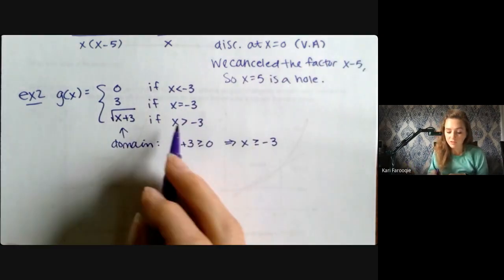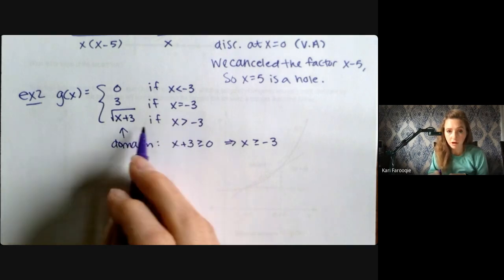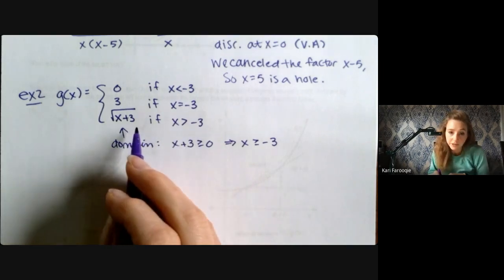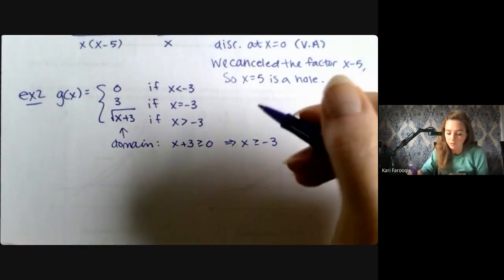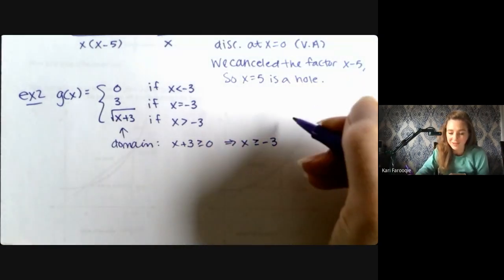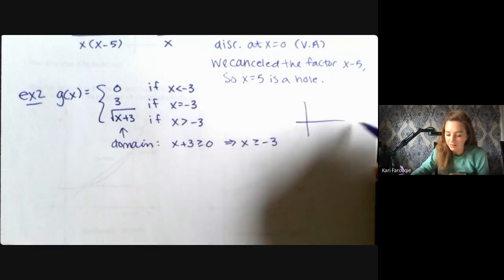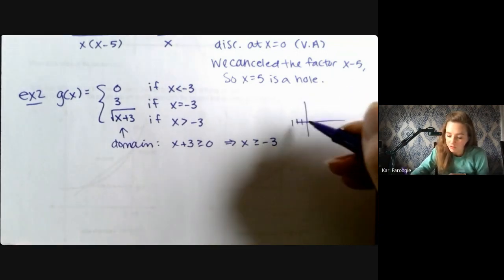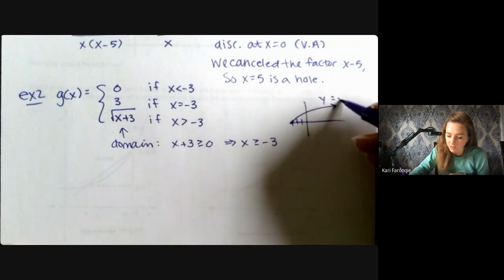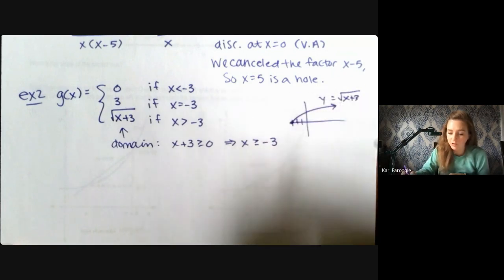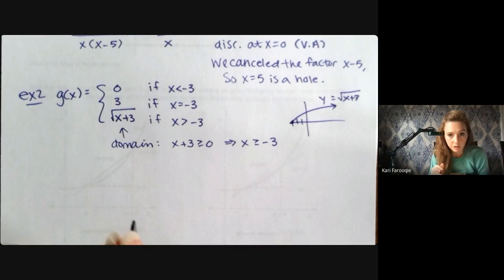So all of these values here are in the domain of this function, and the radical function is continuous on its domain. We talked about its graph. It's going to be shifted to the left 3 units, and it's going to look like this. So we don't have any issues with the continuity there.